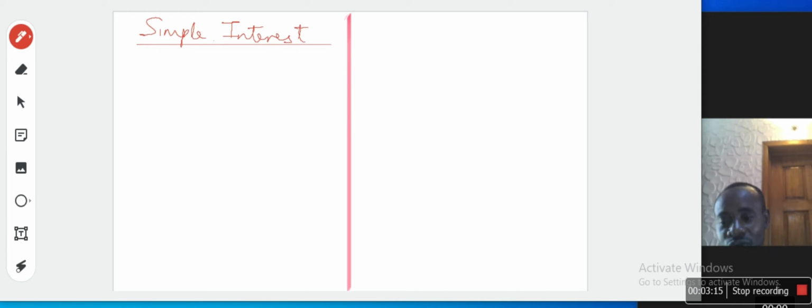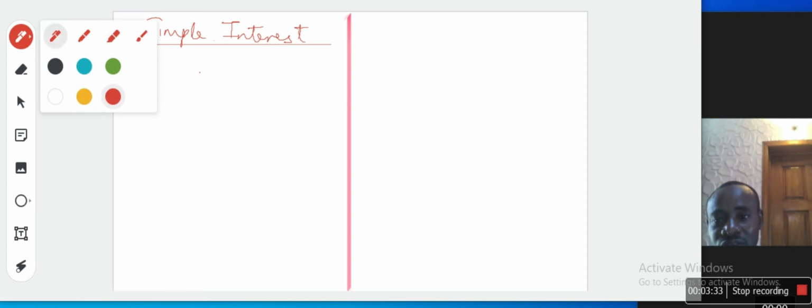So what he's going to pay will not be exactly what he collected. He will pay that plus something, which is the interest. The two together is the amount. So the principal is what is collected. Did you get that?